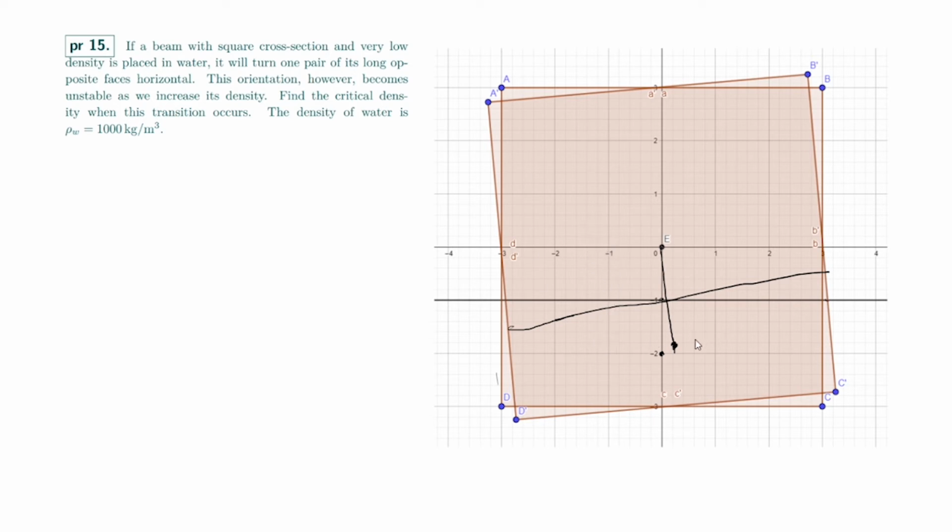However, if it is not and it's on this side here, then it's going to be unstable. So we need to find when it's essentially at the center. So we need to find the center of mass of this trapezoidal shape, and we want to see if it's left or right of this axis here.